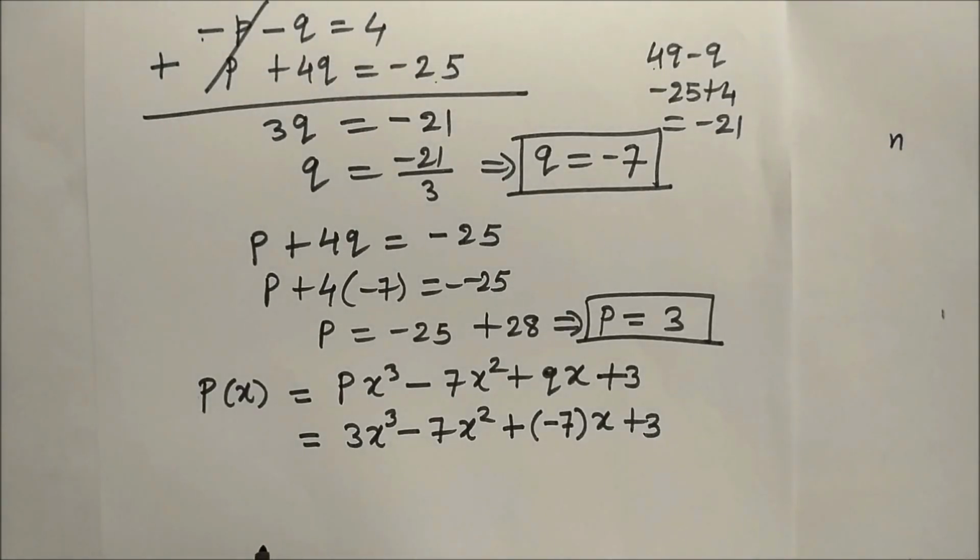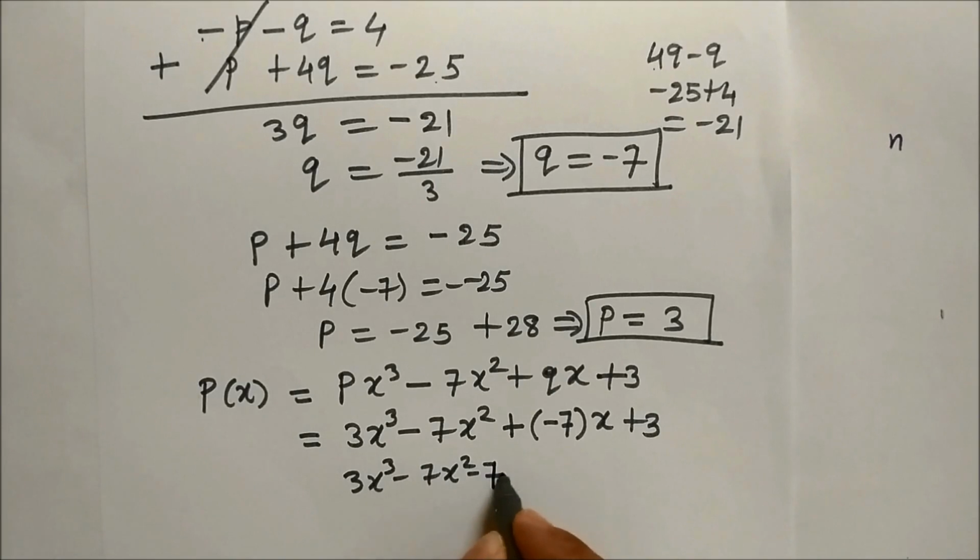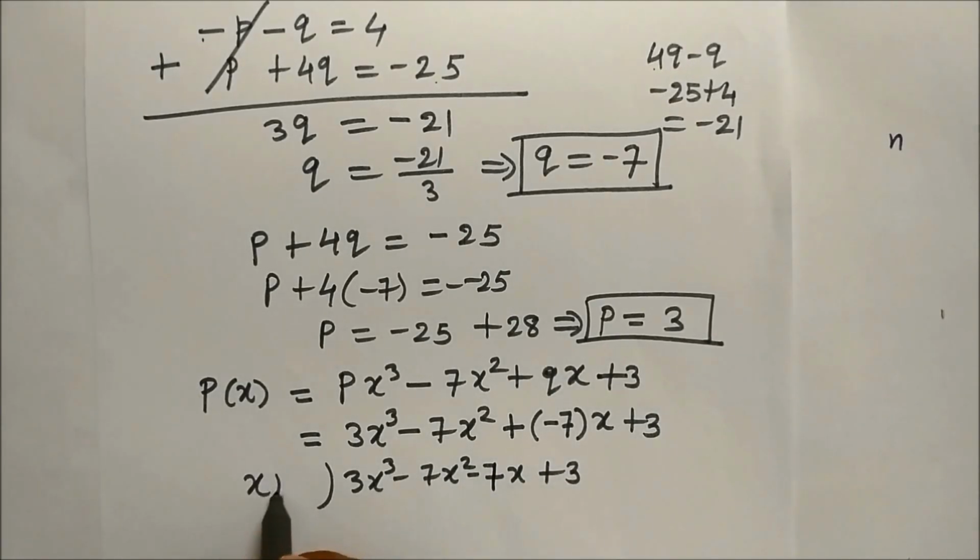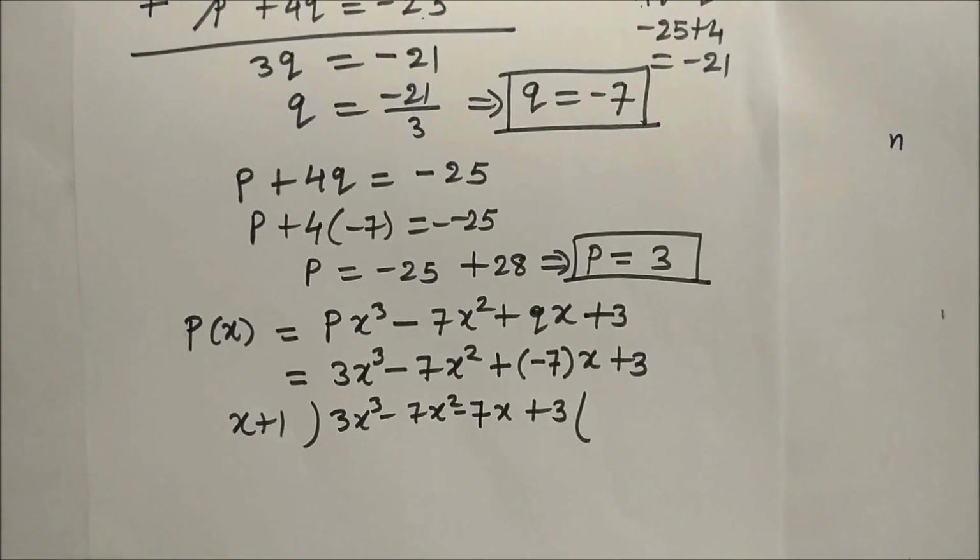After this we have to find factors of the given polynomial. So we will divide 3x cube minus 7x square minus 7x plus 3 by x plus 1, because in the question it is given x plus 1 is one factor of the given polynomial.